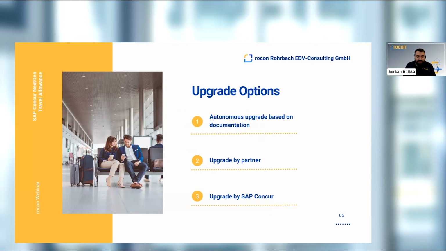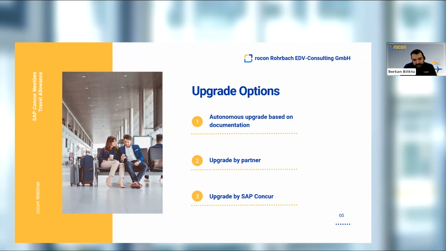Which upgrade options do you have? Basically, we have three paths for how you can upgrade to the travel allowance service. Firstly, you can do the upgrade autonomously by yourself based on the documentation which is being provided.